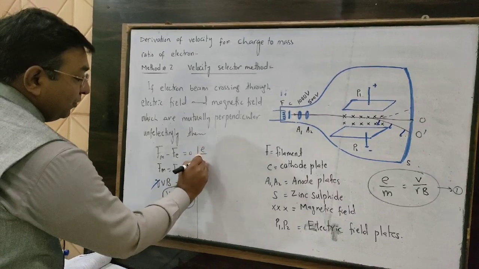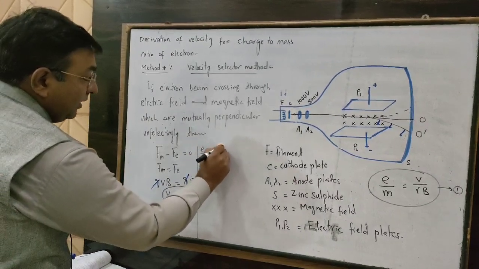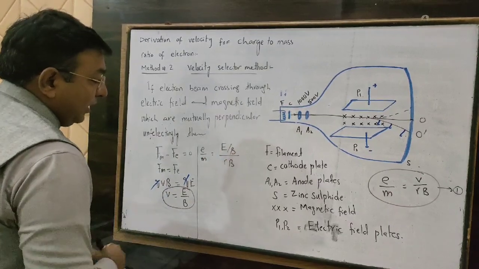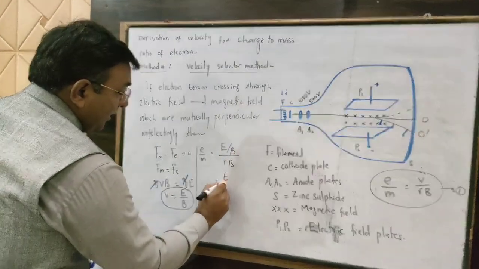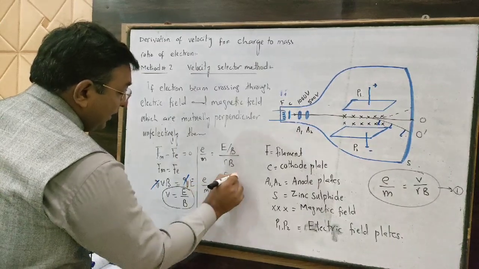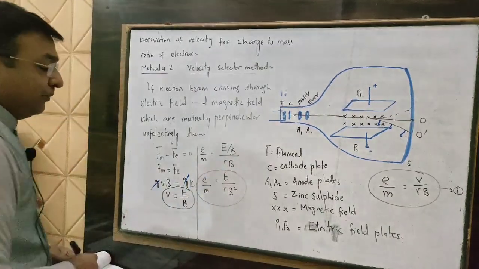Charge to mass ratio is E upon B divided by RB. Or we can write it as E upon R B square is equal to charge to mass ratio.